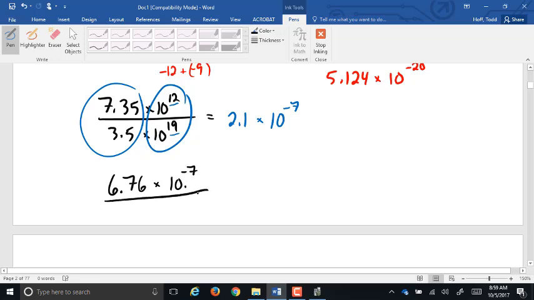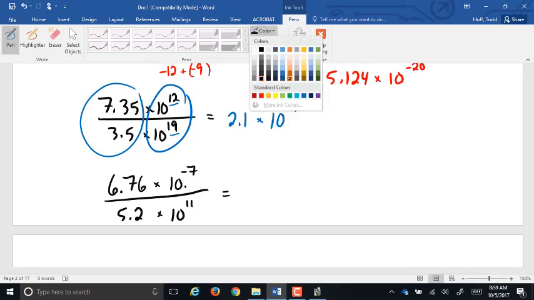So we might have 6.76 times 10 to the negative 7 divided by, this makes more sense if I do 5.2 times 10 to the 11th.